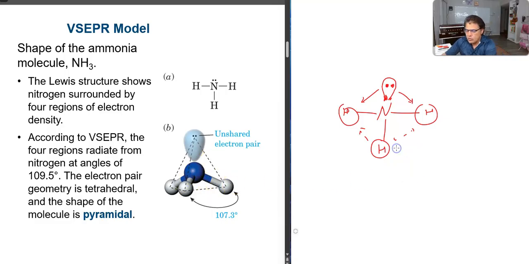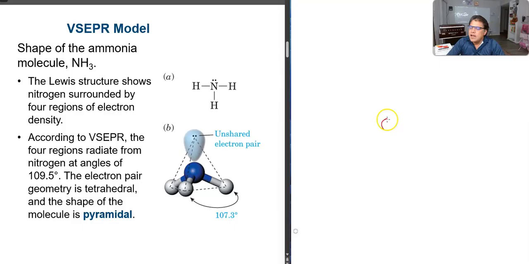Nitrogen, hydrogen, hydrogen, hydrogen. See, it's like a pyramid. This is like a triangular pyramid.